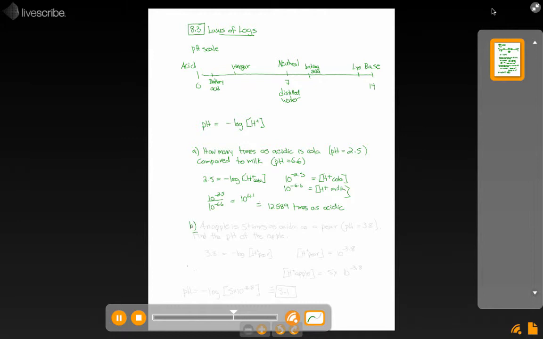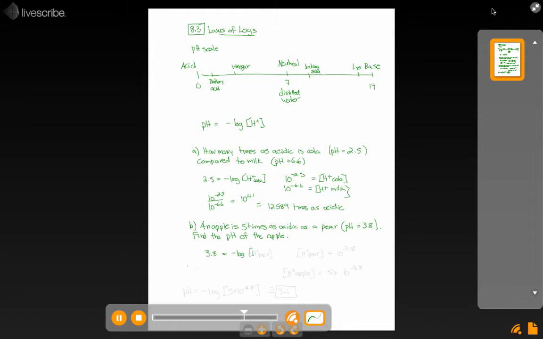Now the second question says an apple is 5 times as acidic as a pear. So an apple is 5 times. And we're given the pH of the pear. The pear is a pH of 3.8, so we're asked to find the pH of the apple. Now, we can find the concentration of hydrogen in this pH of 3.8.